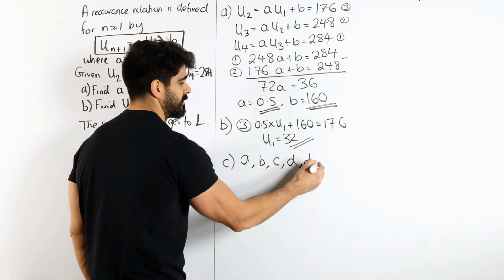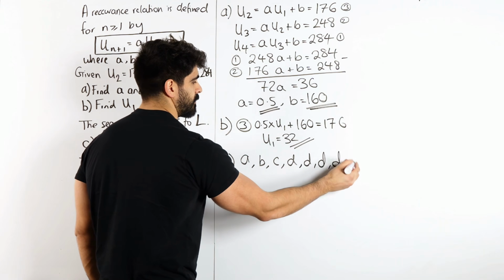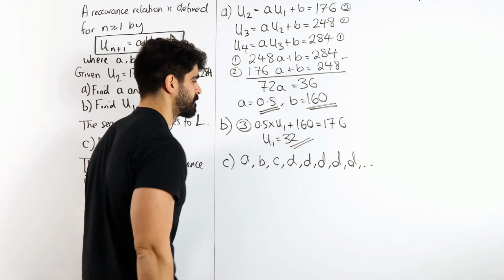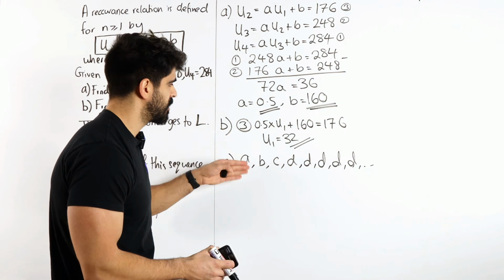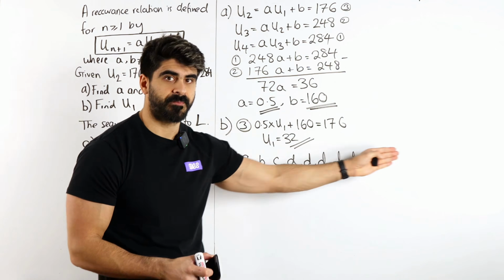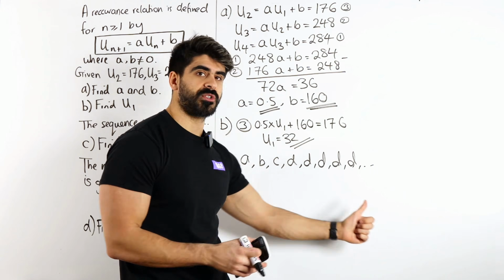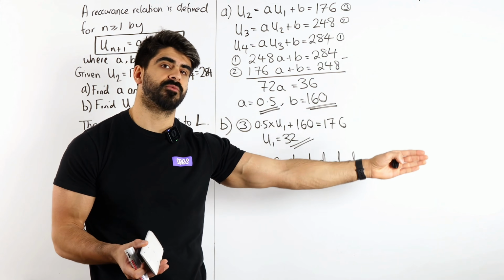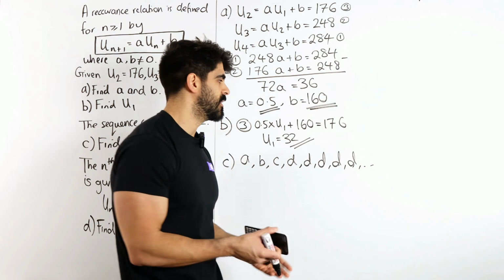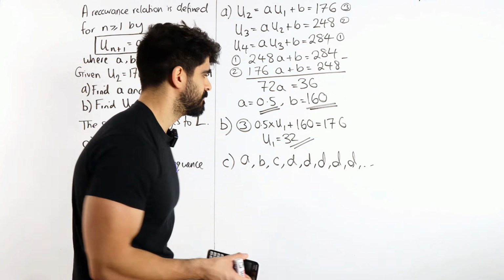Then eventually, the calculator, from your experience, just stops changing. And this is what it means by converging. It's changing, changing, changing, and then stops changing. So it's going towards some value. It's similar to how reciprocal graphs go towards a particular value. So if you keep pressing equals, they go towards that asymptote.